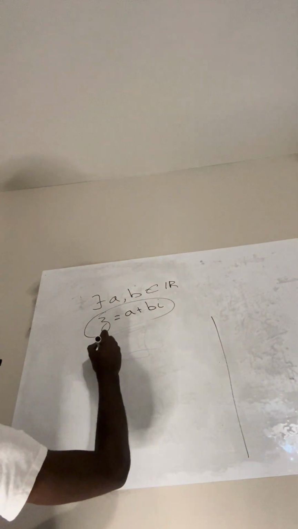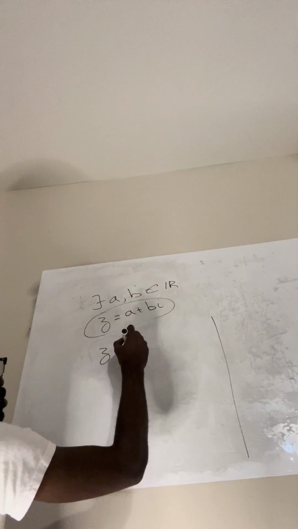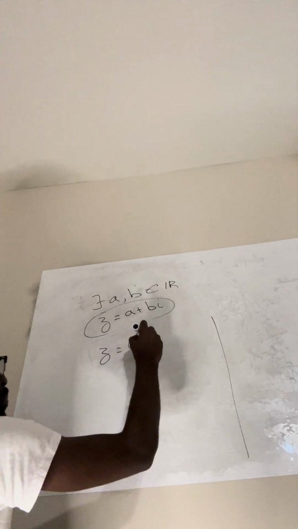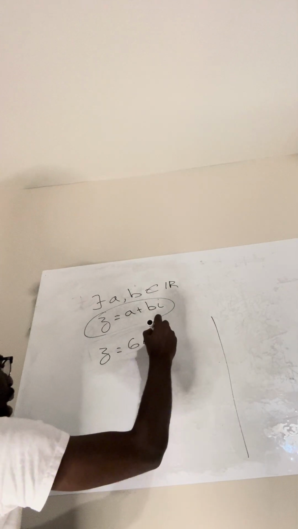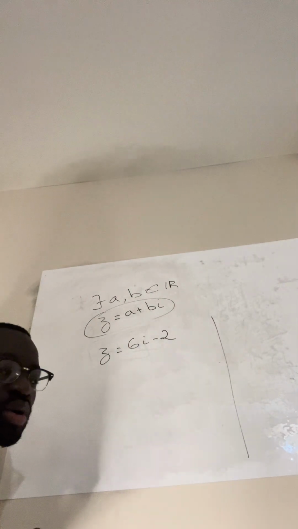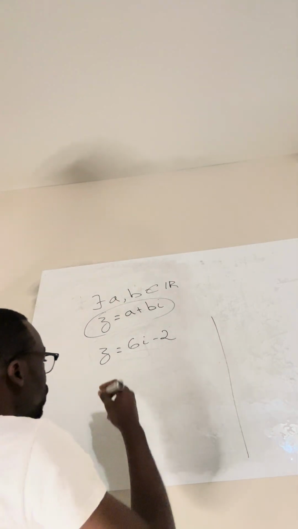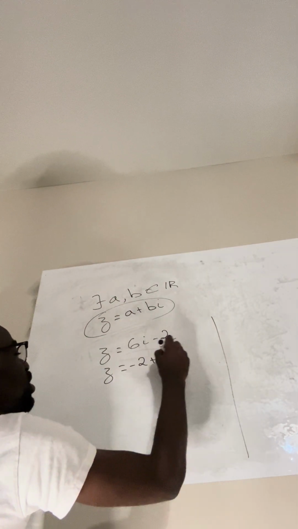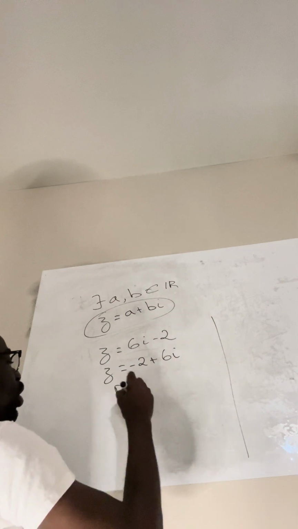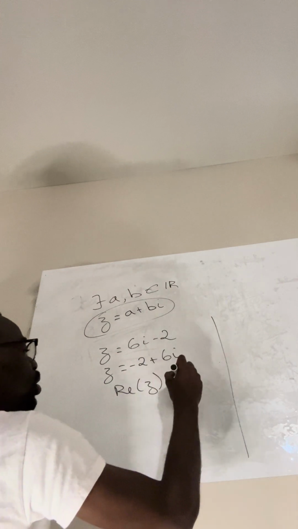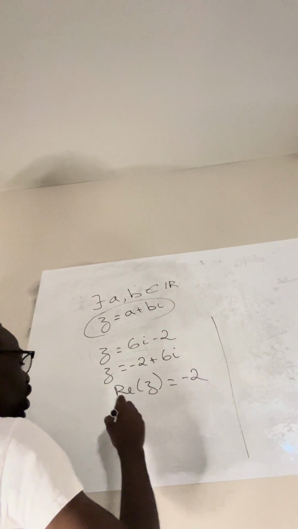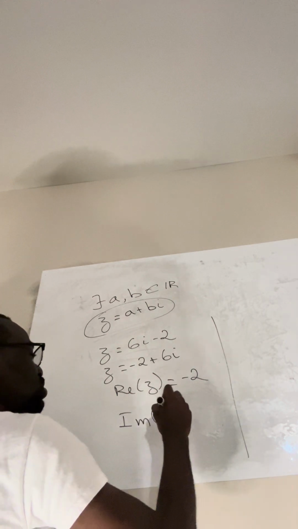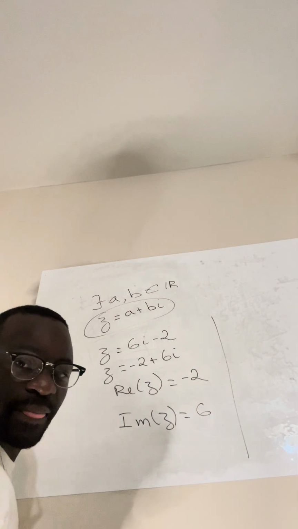Let's say I have Z equal 6i minus 2. Well, let me rearrange it first. Z equal -2 plus 6i. So the real part, one more time, will be -2, and the imaginary part will be 6.